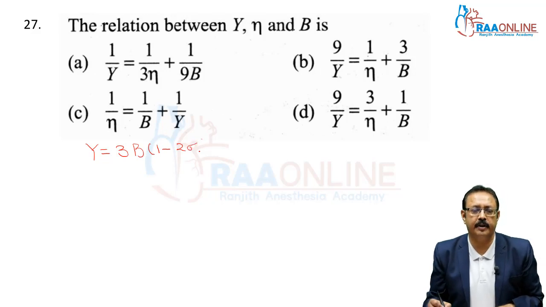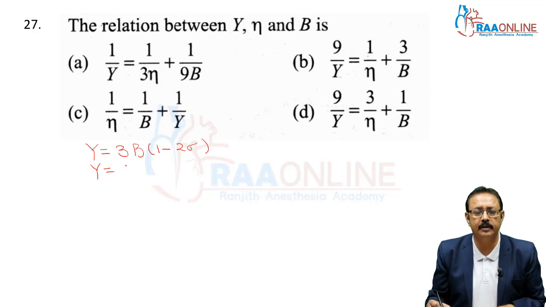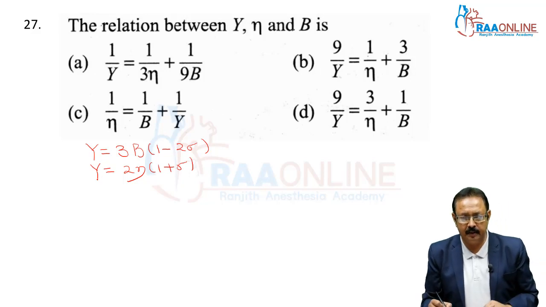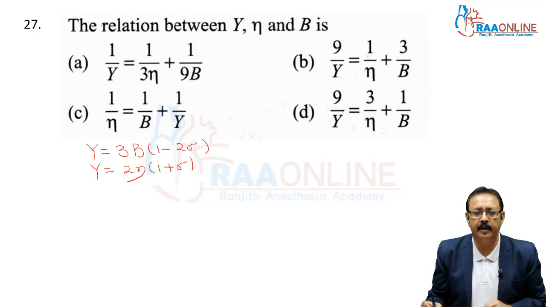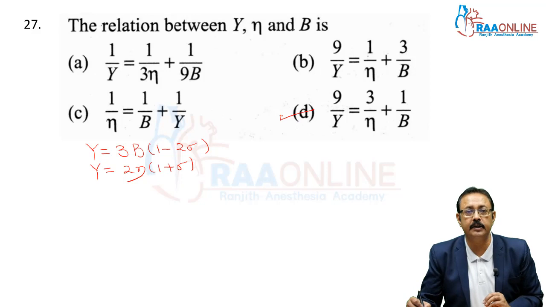Remember these two relations only: Young's modulus with bulk modulus, and Young's modulus with coefficient of rigidity. All relations you can make with the help of these. Sigma is Poisson's ratio. Equate the two values of sigma and you will get the relation between Y, B and eta. By removing sigma, you will get this option. So we are going with D.